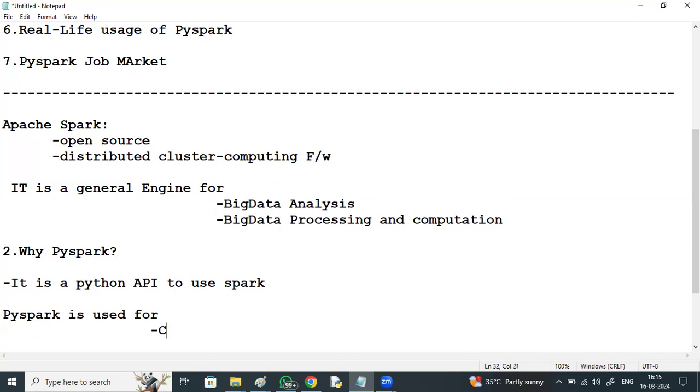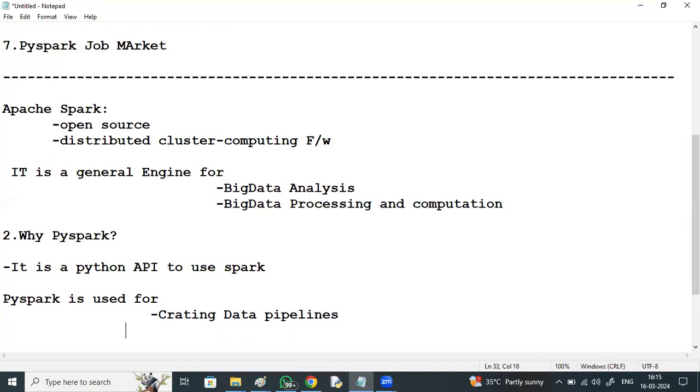It is used for creating data pipelines. PySpark is a data flow language: the output of one step will be the input to the next one. So it's a data flow.